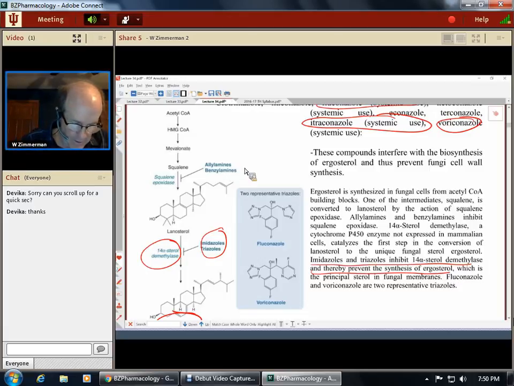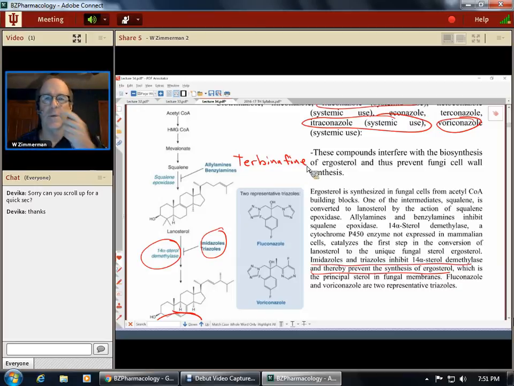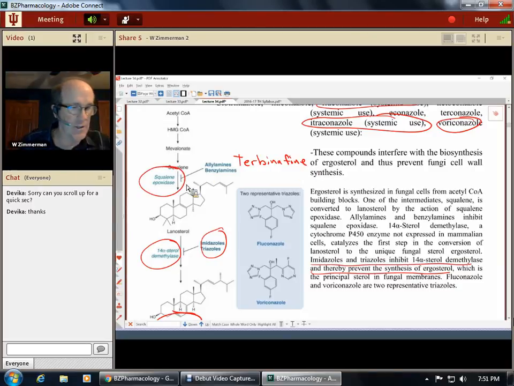The alkylamines and benzylamines, really the one that we'll talk about on the next page is terbinafine. Terbinafine just inhibits this squalene epoxidase. It's a little bit earlier.